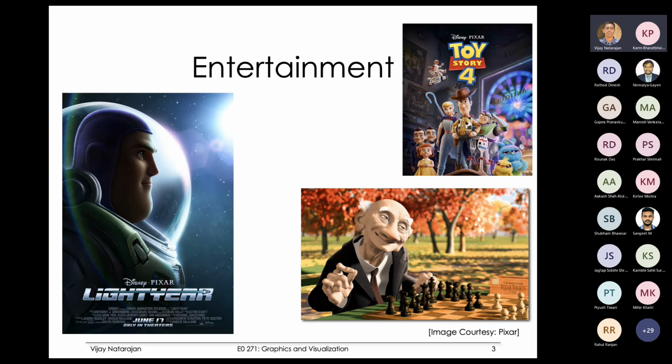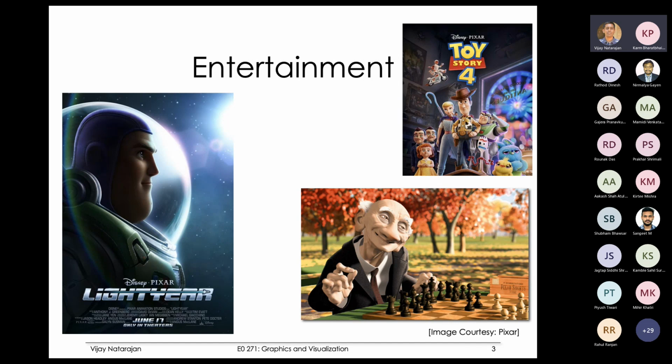This is fairly obvious. It is right there in your face, so difficult to miss. And surely so, this is indeed one of the major drivers for the graphics technology. Even if it's not necessarily a big driver for the industry in terms of the number of people involved in graphics, but definitely for driving the technology, this was one of the key reasons.